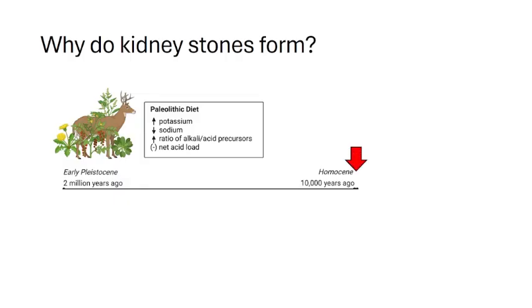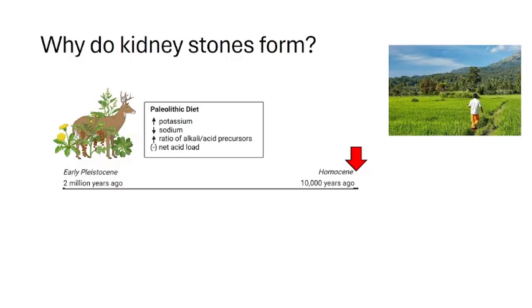Okay, so then about 10,000 years ago, the diet of our ancestors changed significantly. And it changed significantly because of three technological innovations. About 10,000 years ago, there was the invention of farming, of agriculture. So now our ancestors could grow cereal grains like wheat and rice.